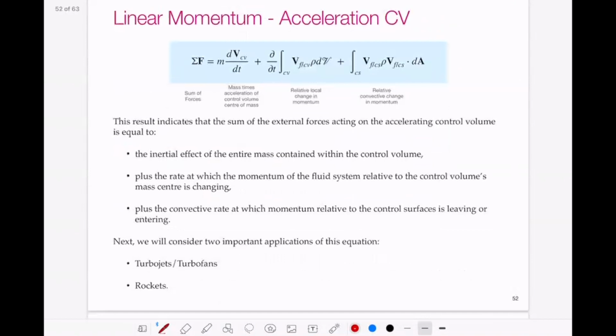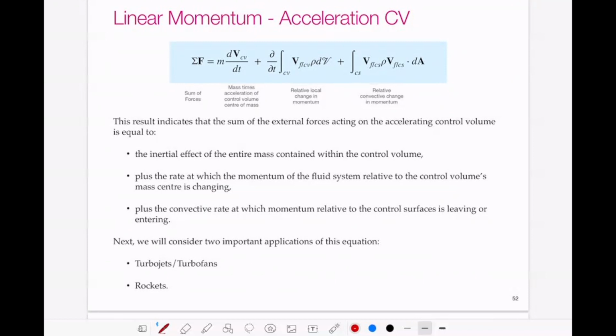So let's look at each of these terms. Sum of the forces is pretty familiar to us. Our mass times acceleration of the control volume center of mass would be this term that we talked about. The next term is the relative local change in momentum. And the last term is the relative convective change in momentum. So the convective change is always the change in something with respect to the change in position.